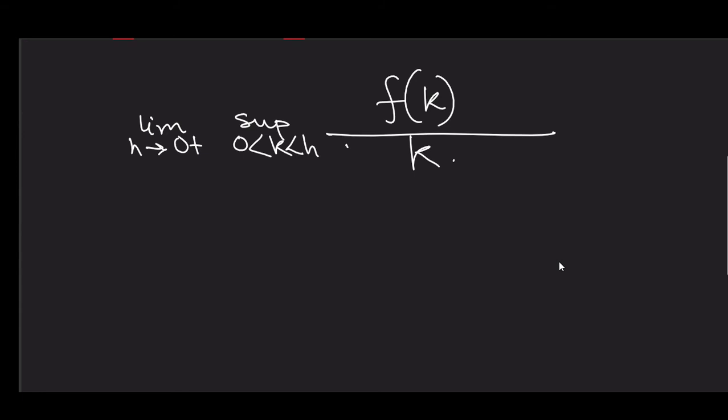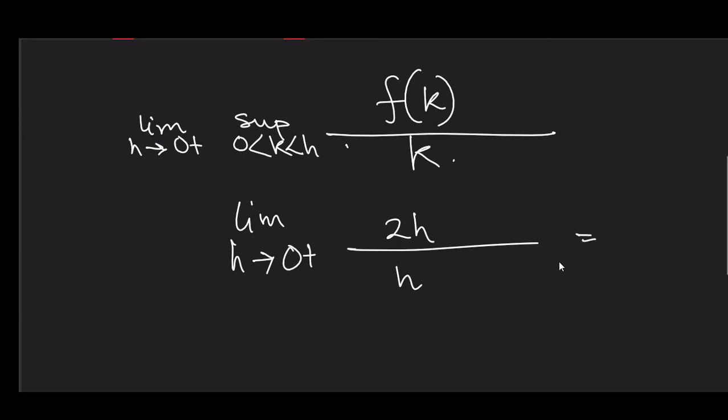So when you take that kind of sequence, it will always be 2h in nature. So you will get limit h tends to 0 plus of 2h by h. So naturally what you get, this is basically your D plus f of 0, equal to 2.